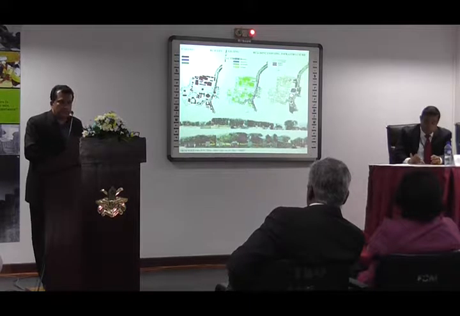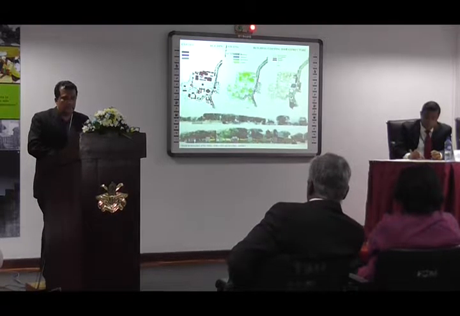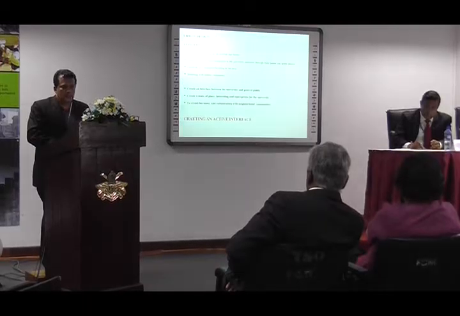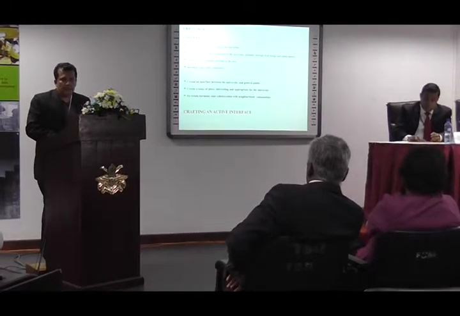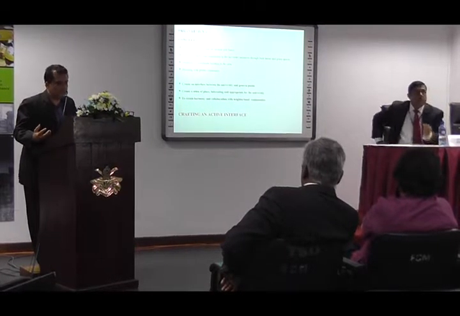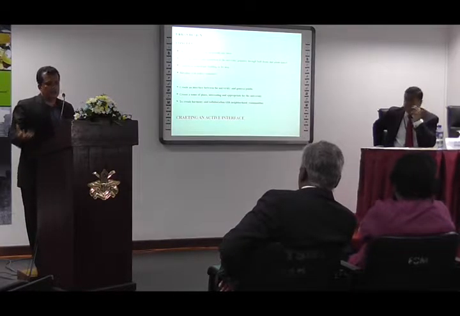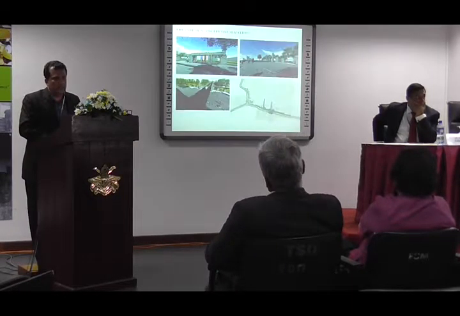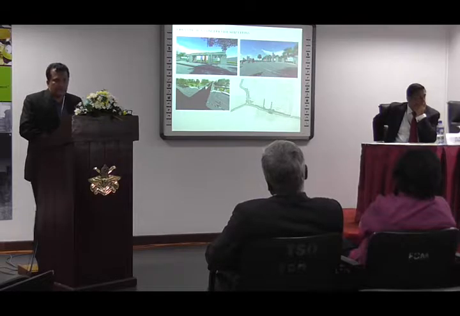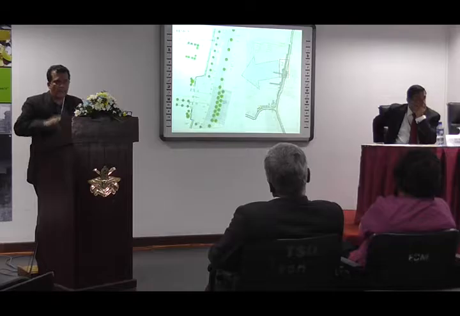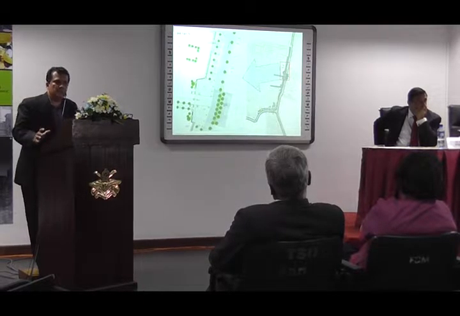We went through various urban design studies, but I don't think we should get into the details. The concept we tried to follow was creating an active interface between the university and the village, or the outside. Here are some visualizations of how we want to do this, and later I would like to bring in order and chaos.